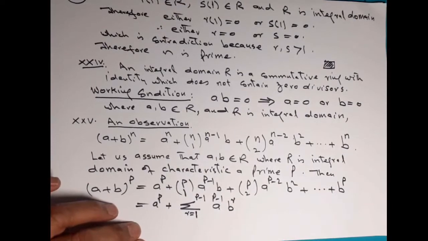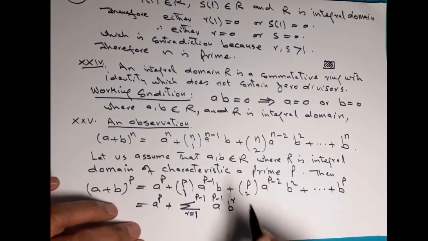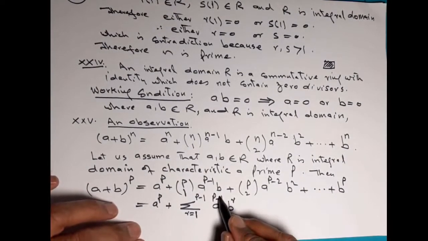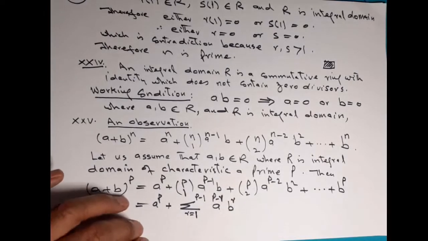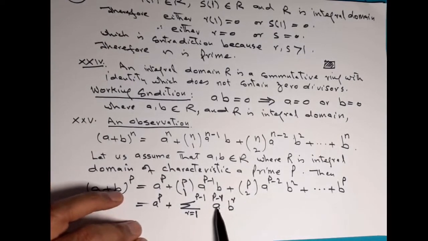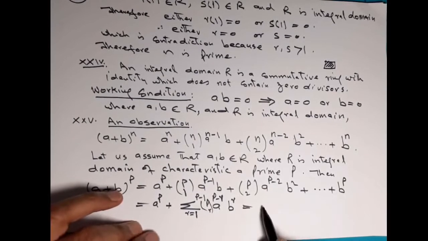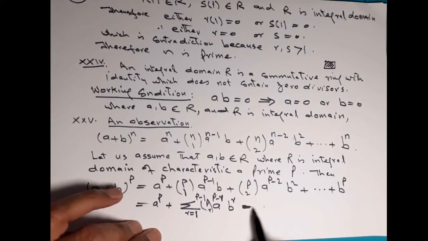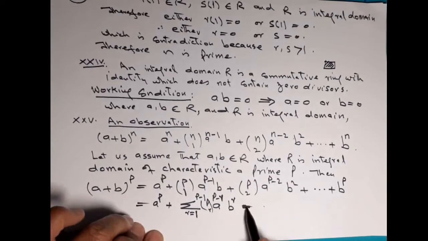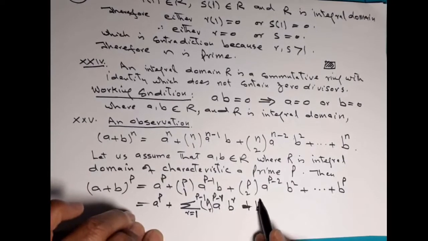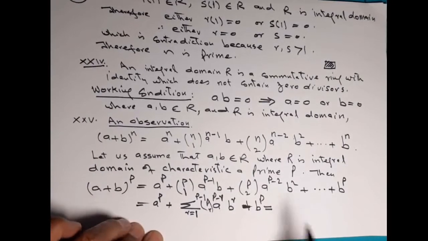This is r, so this is p minus r. This is correct: a raised to power p minus 1, b raised to power 1. And here we have pCr. So this is what I want to say. And at the end we have plus b raised to power p.